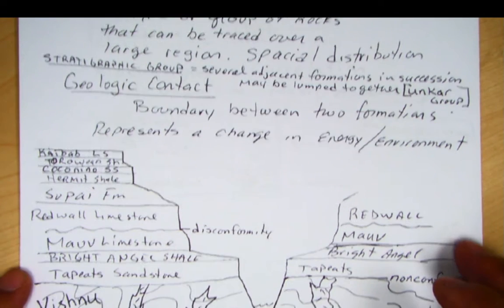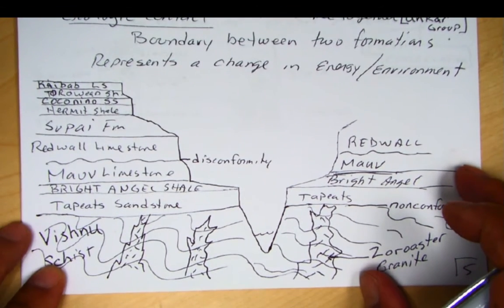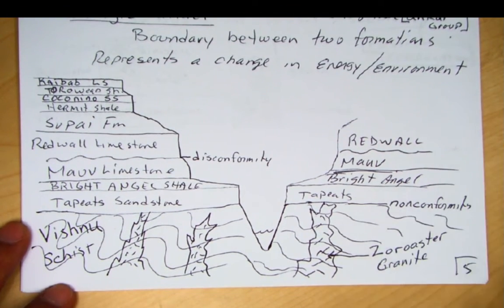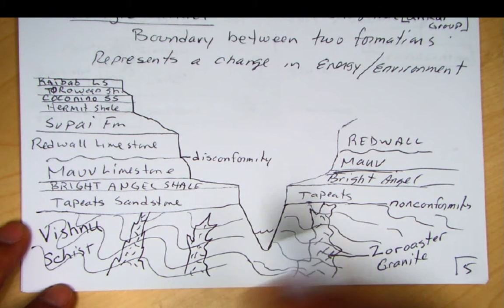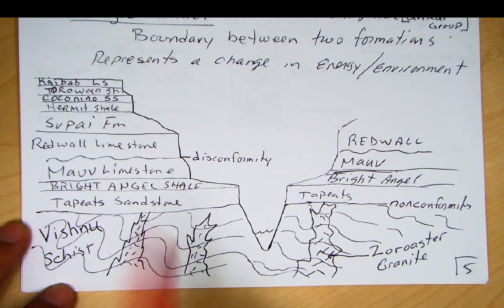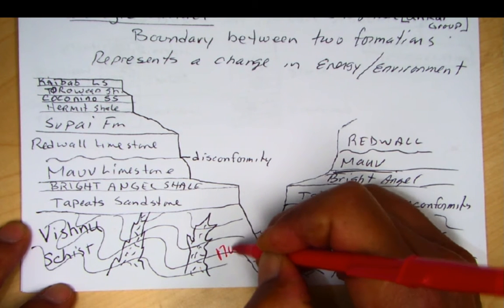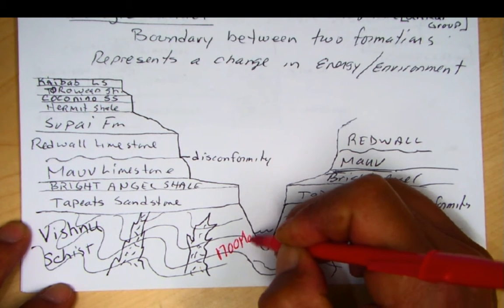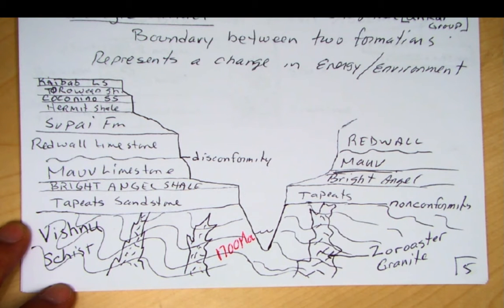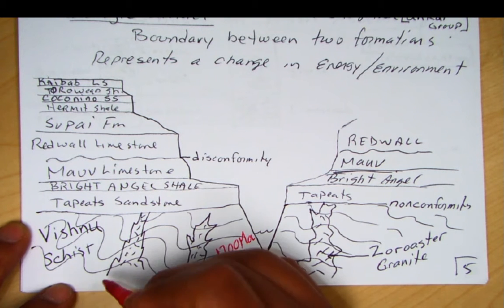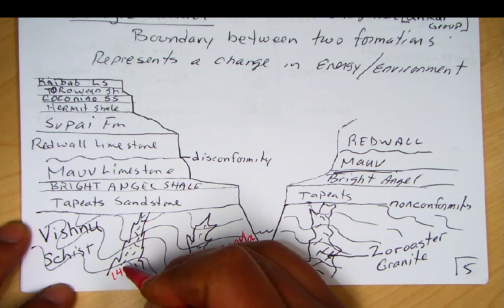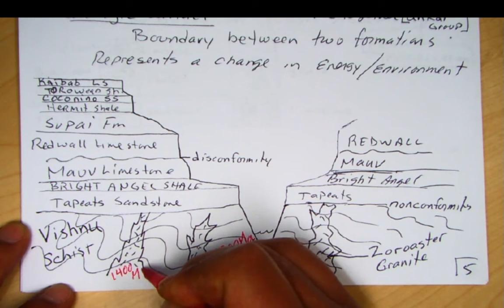So looking at the Grand Canyon, just looking at its model here, remember we're always starting with the oldest rocks. We mentioned that this Vishnu Schist is a metamorphic rock, and it's about 1700 Ma, or 1.7 billion years old. The Zoroaster Granite, which are these intrusives that penetrate into the Vishnu Schist, are about 1400 million years old, right?